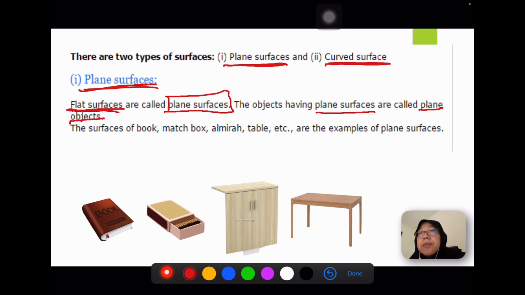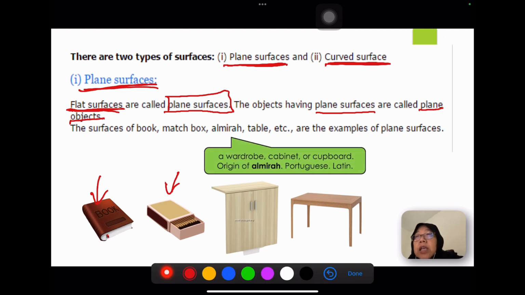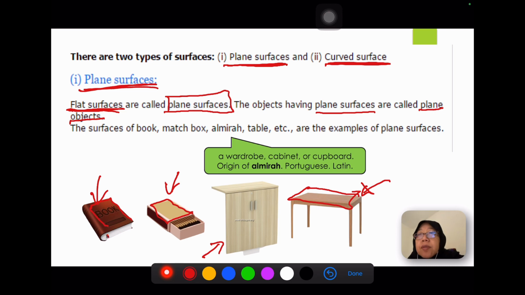Surfaces like the book, the matchbox, an almirah, which is a wardrobe or cupboard, either from Portuguese or Latin, and then we have tables like this one here. These are plane surfaces. Here we can see the plane surfaces on top, here, and over here.